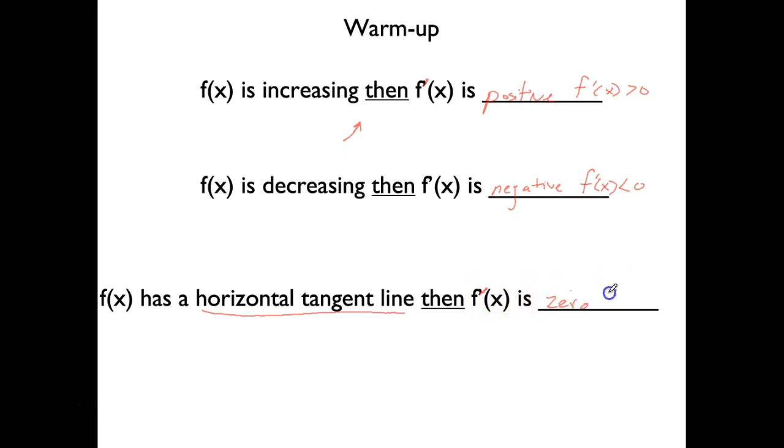So that means f prime of x is equal to 0. And remember, we call those critical numbers. Or you could also be solving for vertical tangent lines.